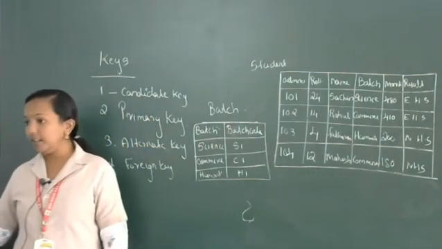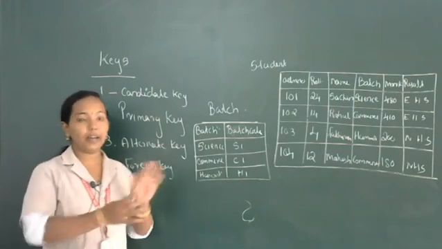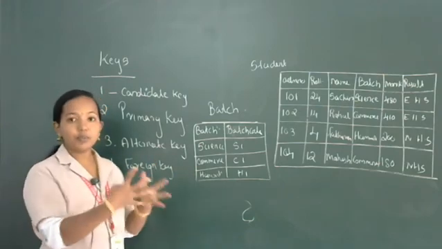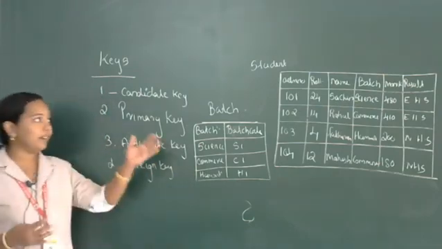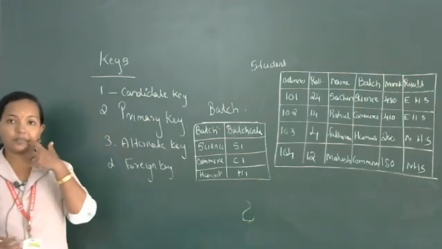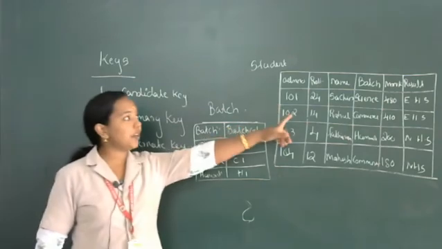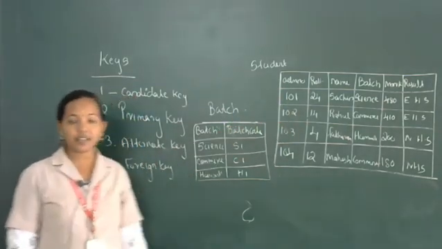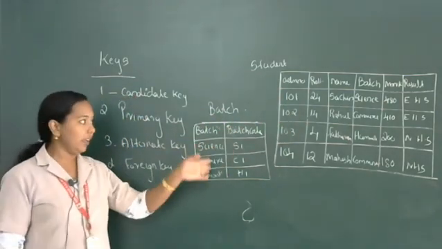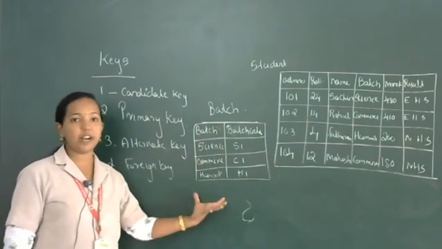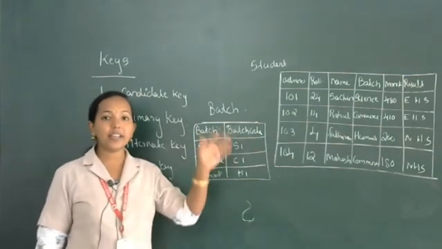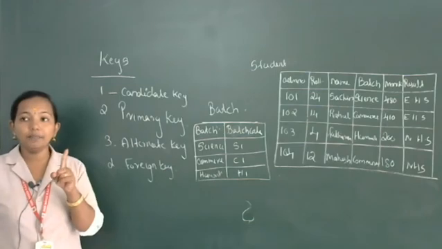Suppose I want to combine these two tables together, or I want to combine student with the batch. Then is it possible? Yes, because in student table there is one batch column present. In batch table also the same attribute is present. So in both the tables there is one column common.